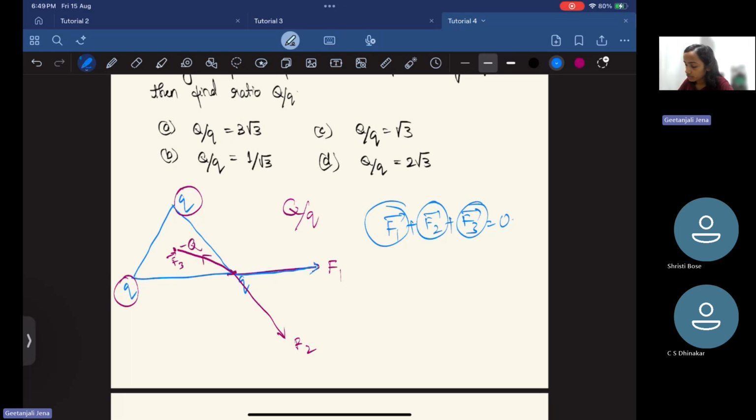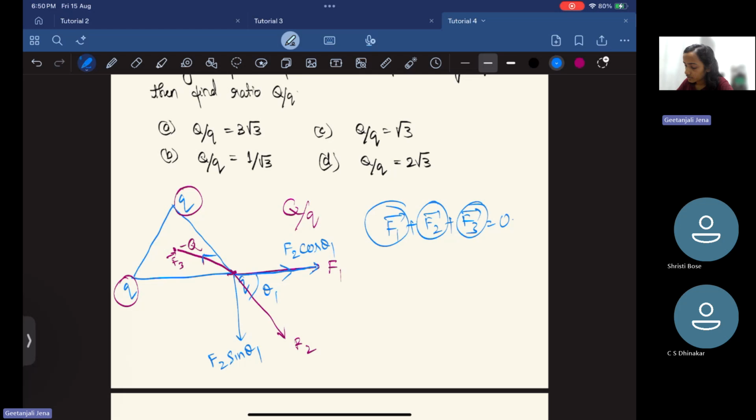F1 is in the y direction, F2 is making an angle theta 1. So in the x direction, this is F2 cos theta 1, and in the y direction, this is F2 sin theta 1.